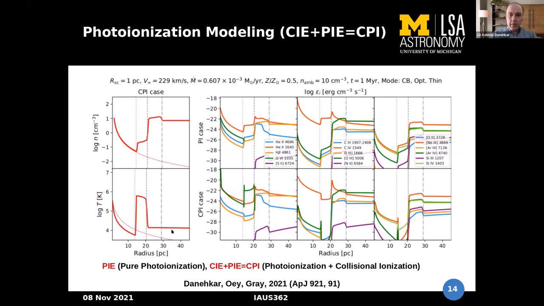On top is pure photoionization without collisional ionization effects, and on the bottom panel, CPI is collisional ionization combined with photoionization. And here you see the difference between photoionization without collisional ionization and photoionization plus collisional ionization.